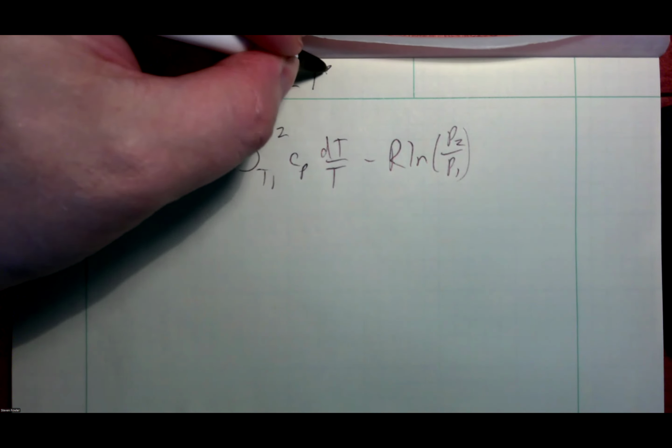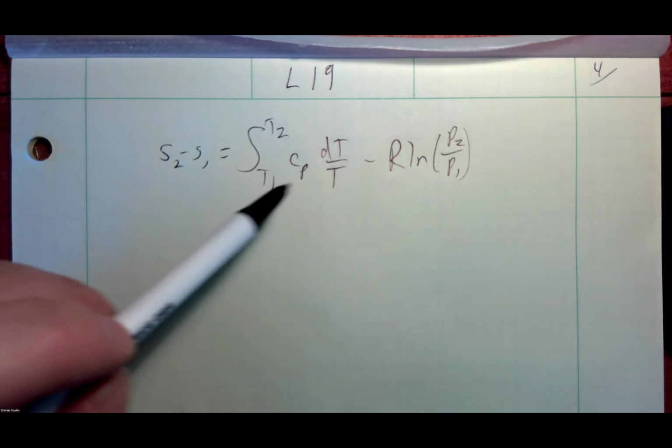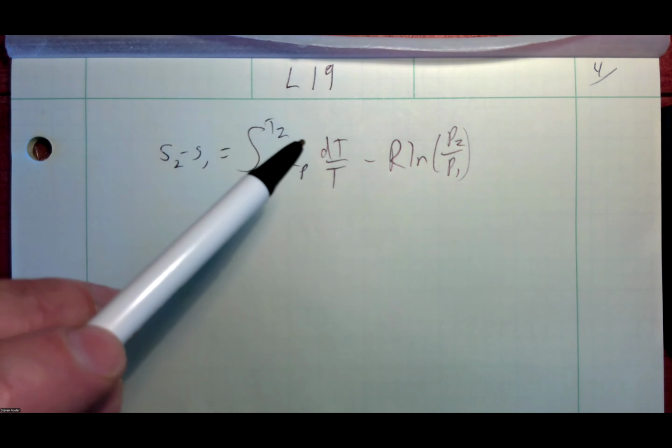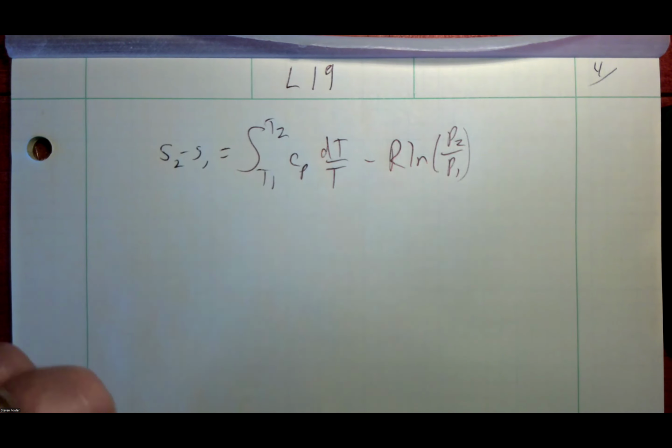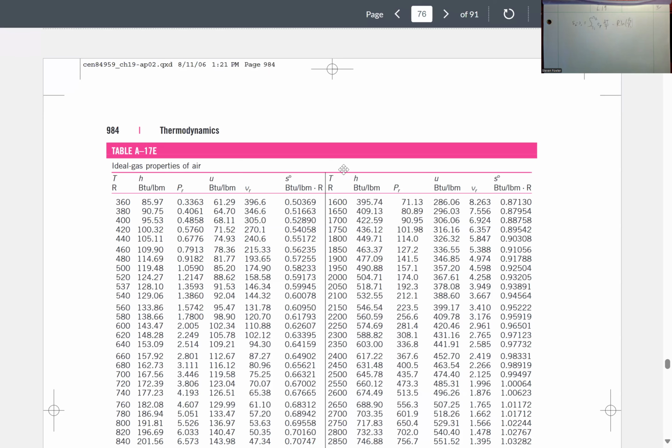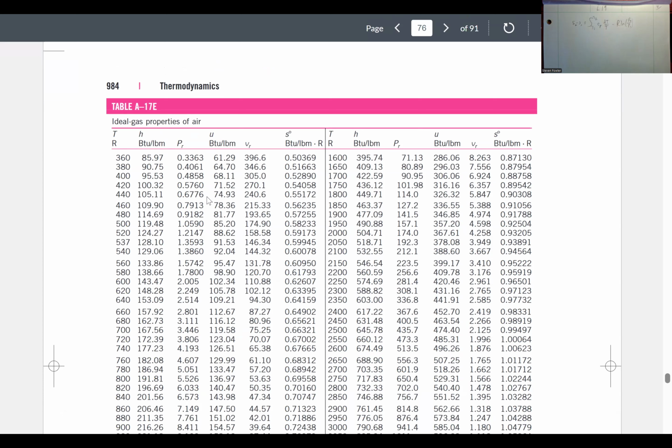Now notice that the change in entropy is not just a function of temperature. If you look at table A17 here, you see what I mean. Notice that in this table, I've got temperature, and my H and my U values are functions of temperature, but then I've got this S naught value, which is only a function of temperature.